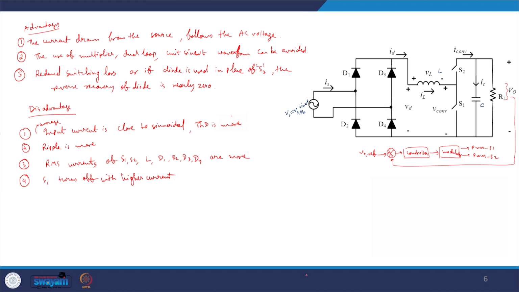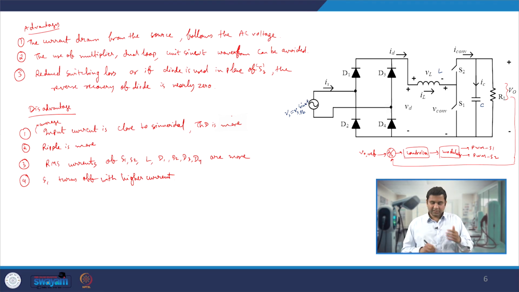So this is the advantage with this DCM operation, or discontinuous conduction operation, of this boost PFC: we can automatically make sure that the current drawn from the source is following the AC voltage source, and the peak of current is varying sinusoidally.